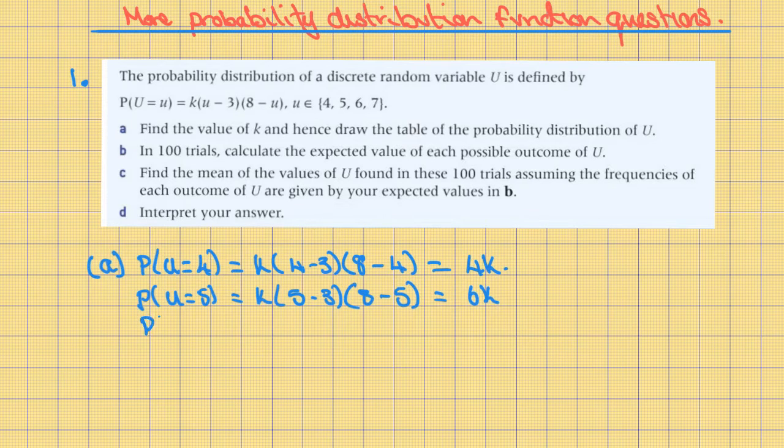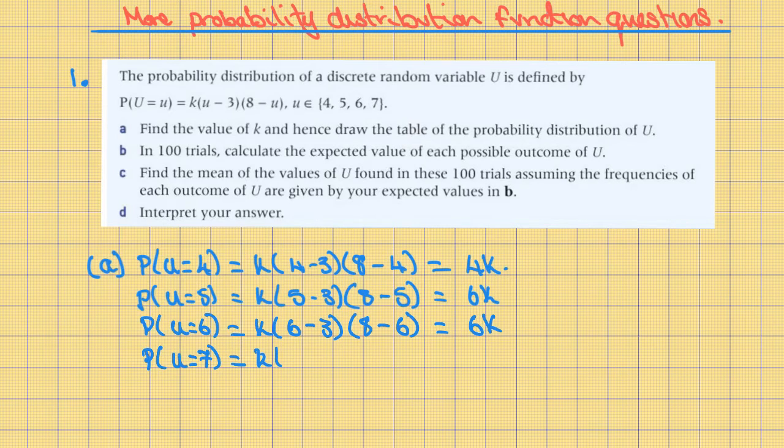The probability that U equals 6 is equal to k times (6 minus 3) times (8 minus 6), which equals 6k. The probability that U equals 7 is equal to k times (7 minus 3) times (8 minus 7), which equals 4k.